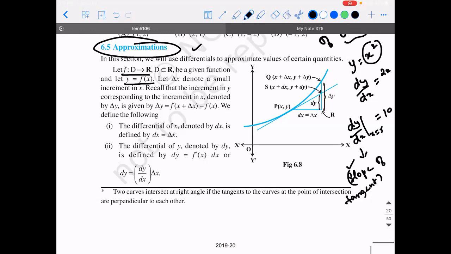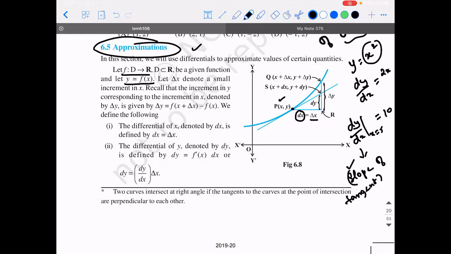Then if I take a point P (x, y), there is a small increment in the value of x, which is delta x. I am approximating that this increment delta x is approximately equal to dx.